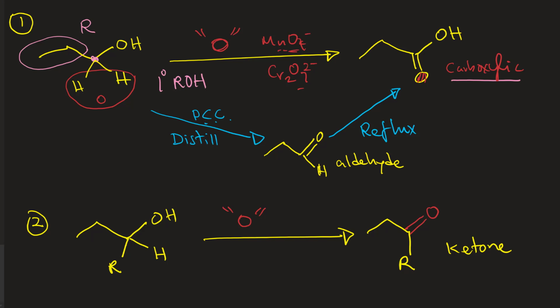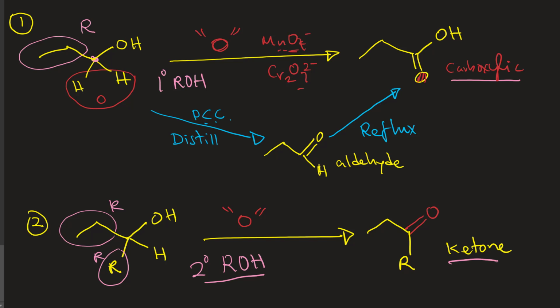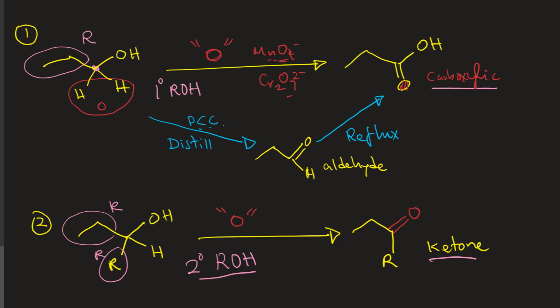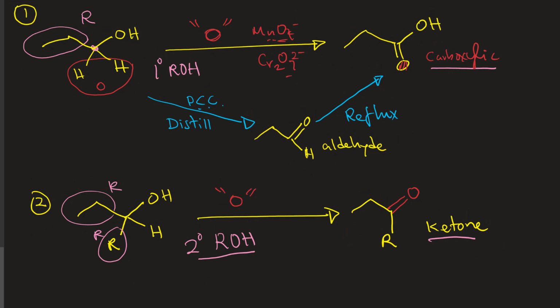We label it ketone, with two R groups attached and a double bond O. Look, this is an R group, this is an R group. Two R groups, let's say R2CHOH, or you call it a secondary alcohol. And secondary alcohol oxidation will give you a ketone. No matter what reagent you are using, you can use stronger reagents, you can use mild reagents, right?